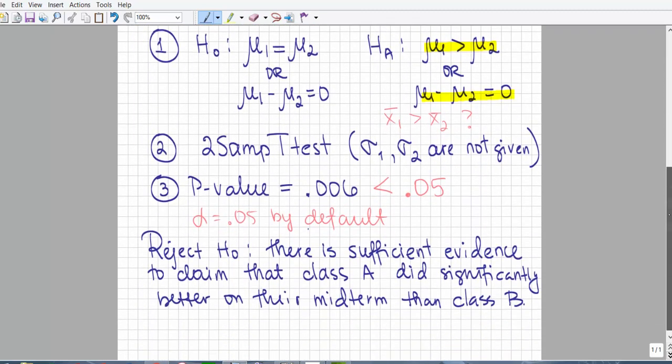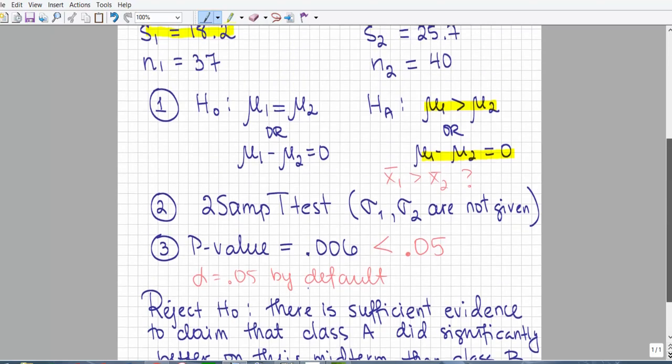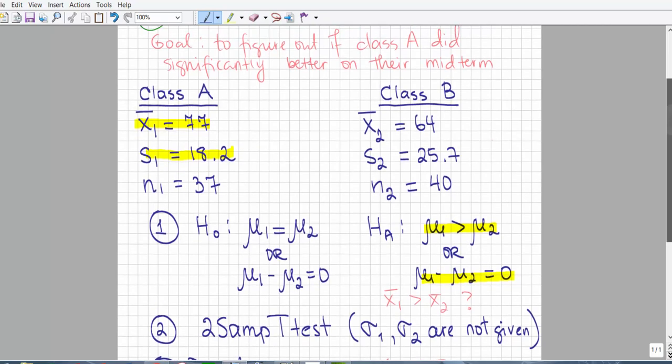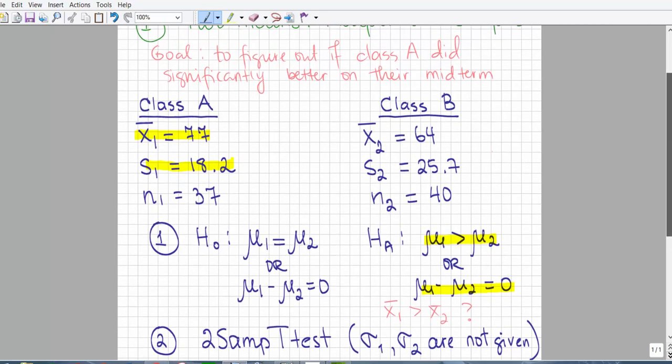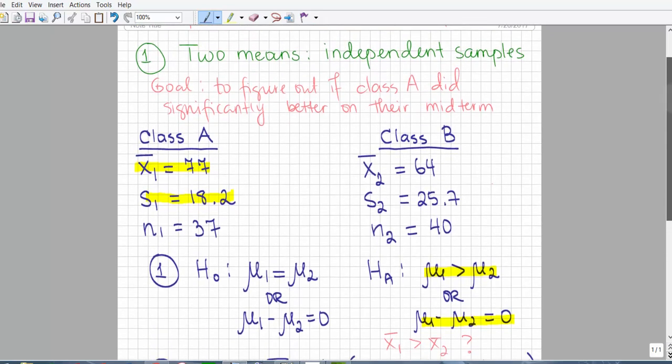So now what? As an educator, what would I do? I say, okay, I have this evidence. I gotta go back and see what was different. Why is this difference so big? Why did class A do a lot better than class B, and what can I do to avoid this situation in the future? Really, hypothesis testing is about decision making.